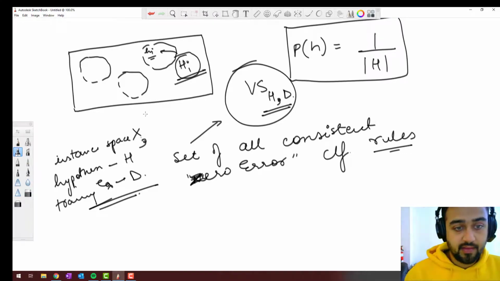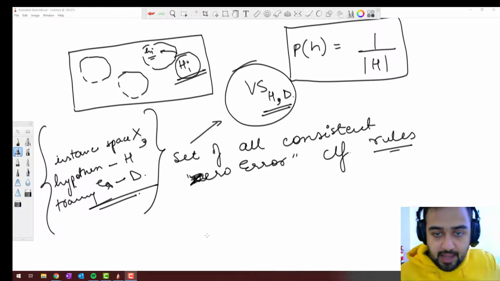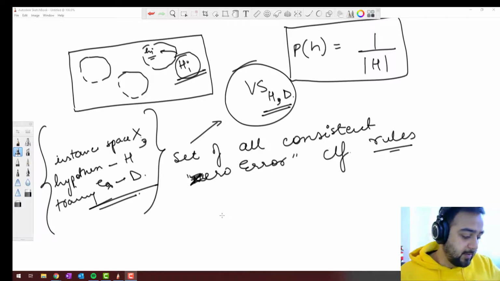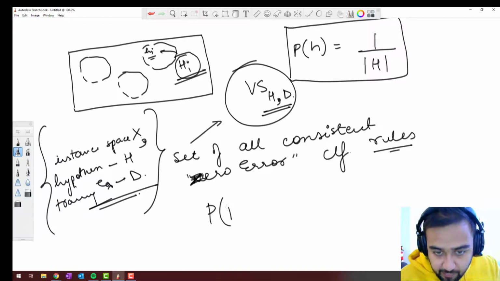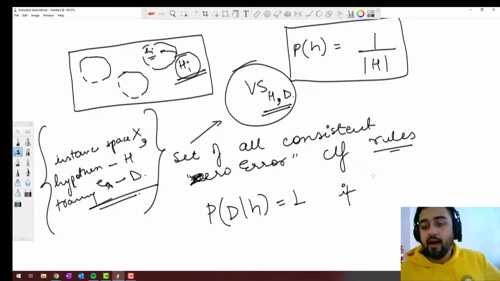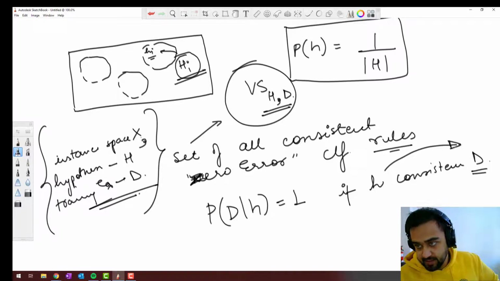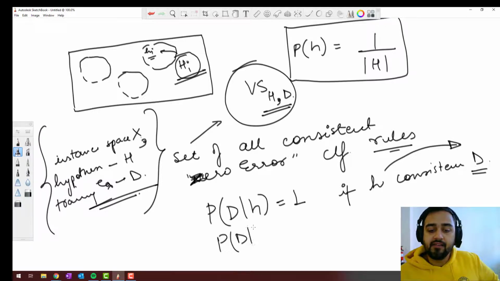So if you have a version space with hypotheses and data consistent with classification rules, we have P of D given H equals 1 if our hypothesis H is consistent with data D, if H applies to D basically, and P of D given H equals 0 otherwise.